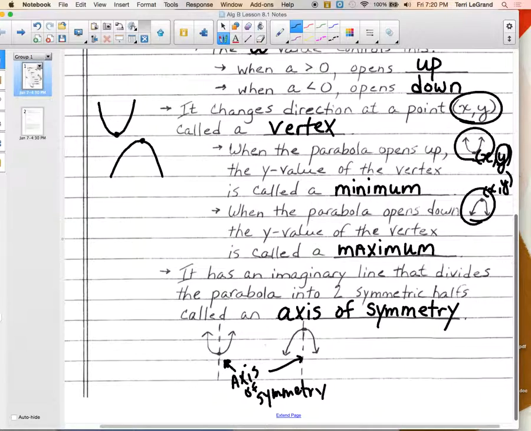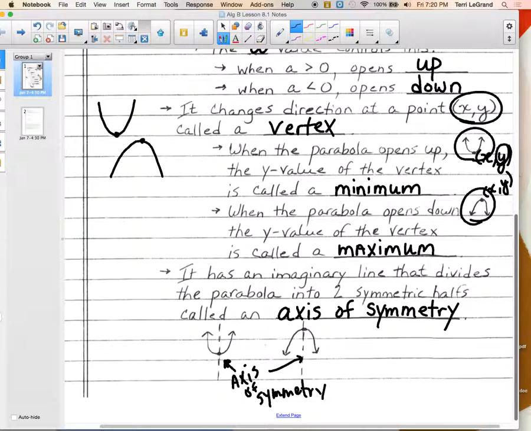And notice, what does it go through? It's going through that vertex we just talked about. So the axis of symmetry cuts through the vertex. It would cut that parabola into two equal halves. And so we have to have an understanding of, if they talk about the axis of symmetry, what are they referring to?